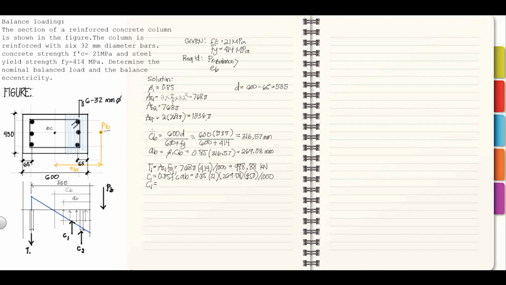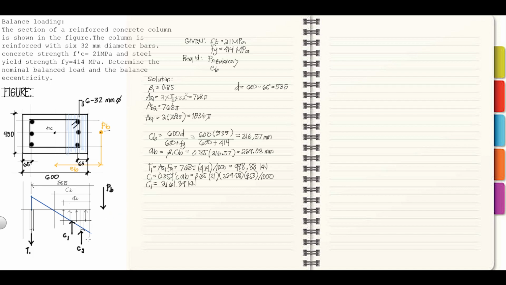So we have 2,169.39 kilonewton for our C1.